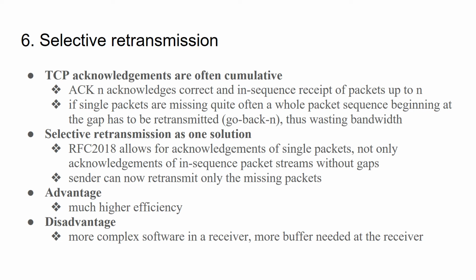If any one of the packets is lost, we have to find which packet is lost, and we have to resend that particular packet, not the whole data. And it has the advantage of higher efficiency, and it is more complex in a receiver and more buffer is needed at the receiver. This is a disadvantage of selective retransmission.